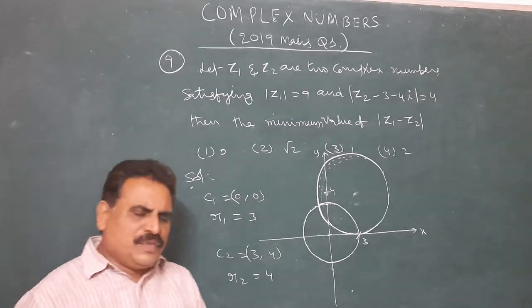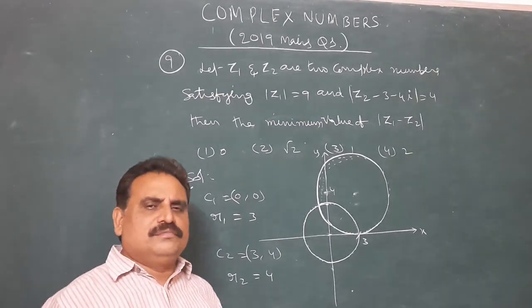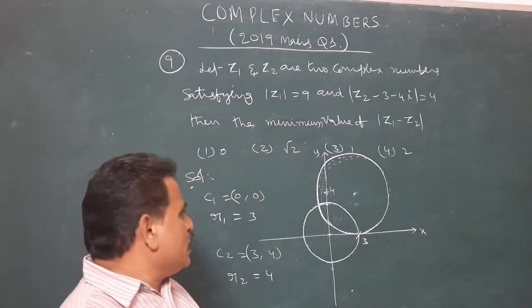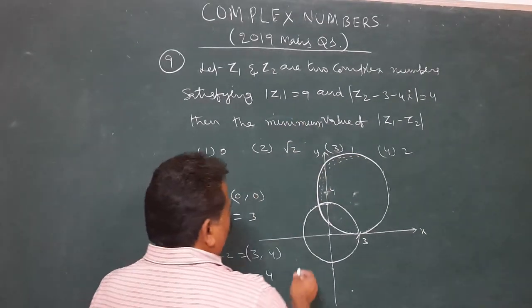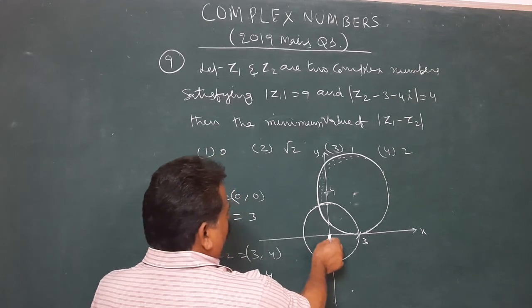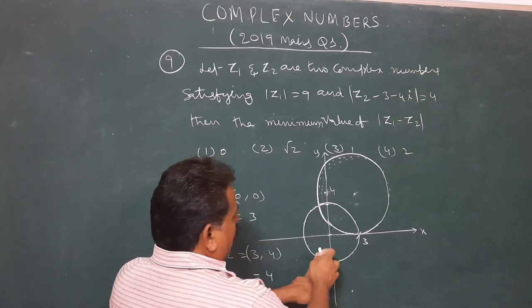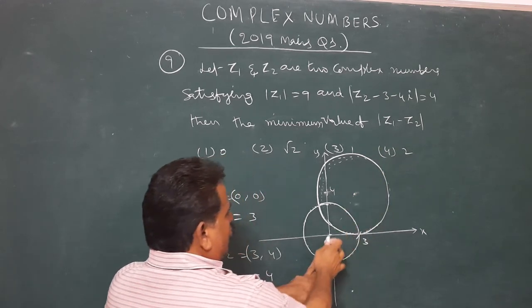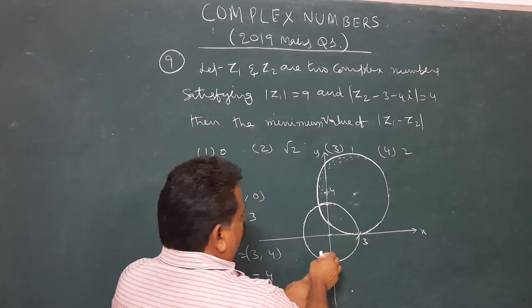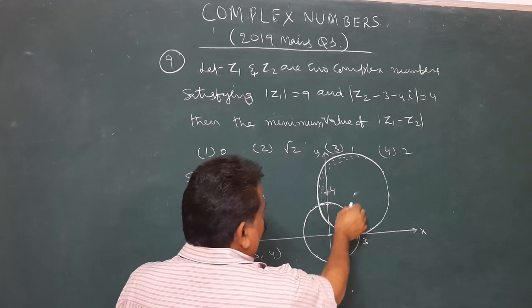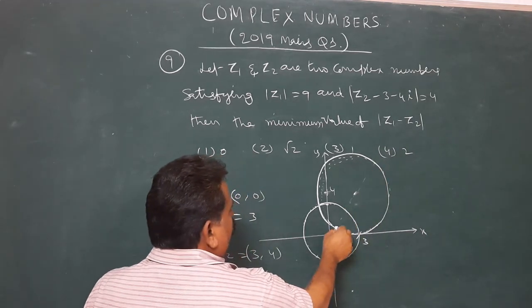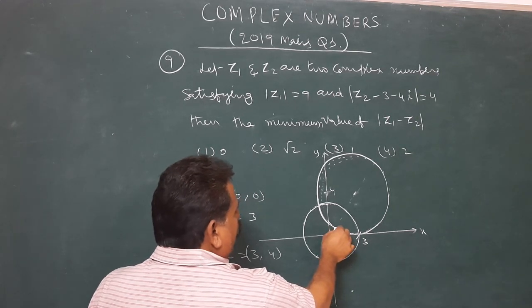For example, if we change the same question to ask for the maximum value, what is the maximum value? If you take Z1 here and Z2 here, the distance between these two, from this point to this point, if you join them, the diameter is 8.